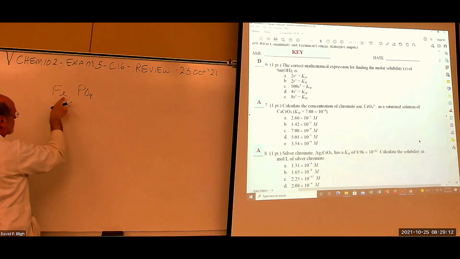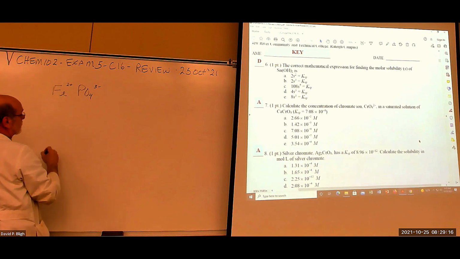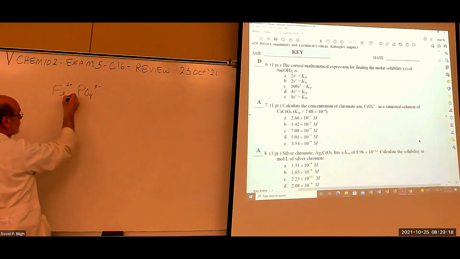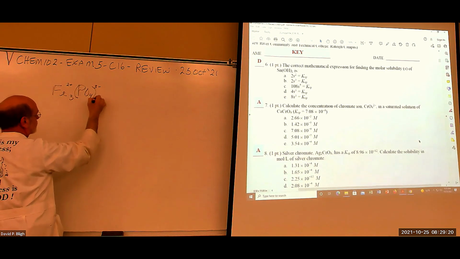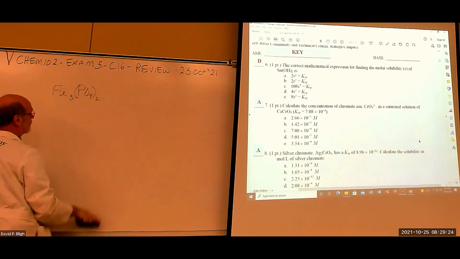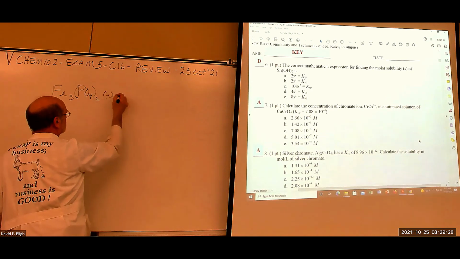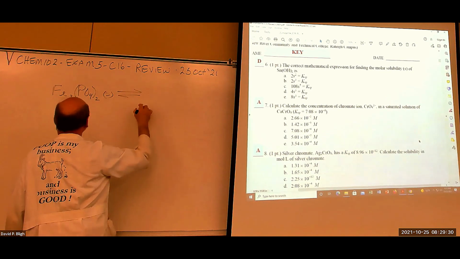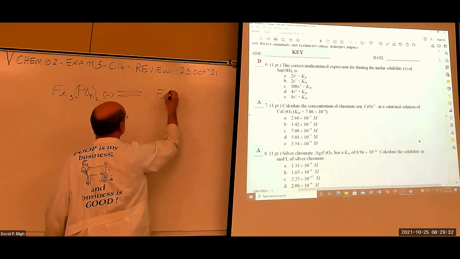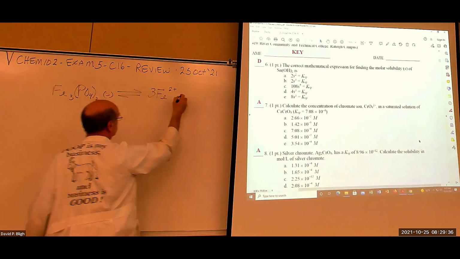Okay, I'm going to say this one is a 2+ charge. This one's 3- charge, right? So to balance it, we need 3 over here and 2 over there. Okay, so that's our solid. And we're going to have this one go into solution with a 2+ charge. There'll be 3 of them.